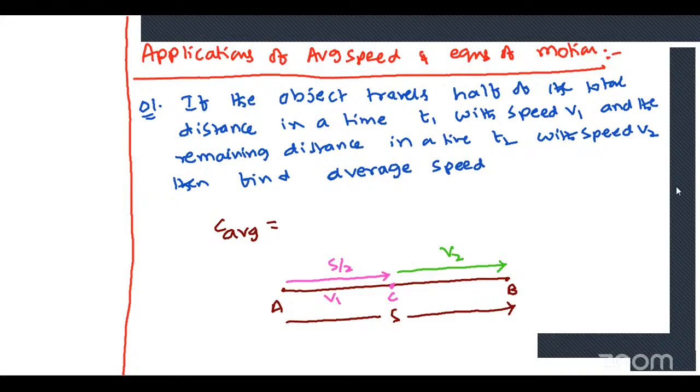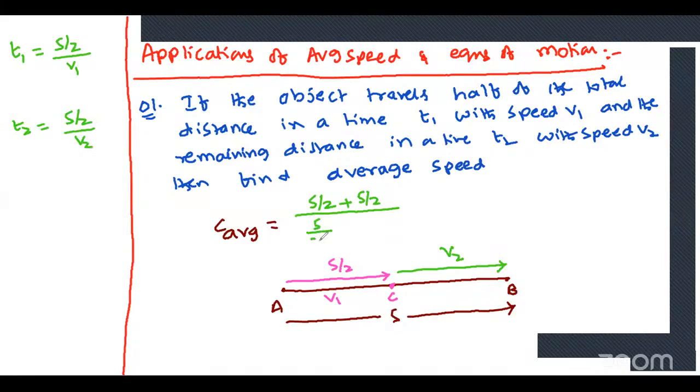So I can say the total distance means S by 2 plus S by 2. They gave V1 and V2 here. So I'll write T1 equal to S by 2 by V1 and T2 equal to S by 2 by V2.